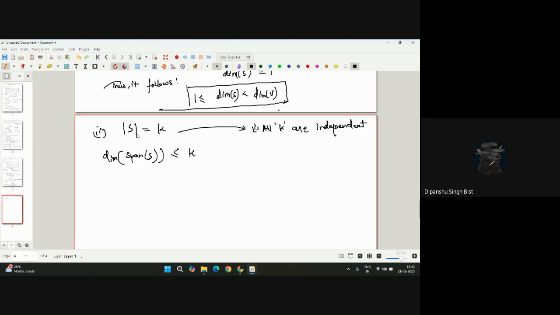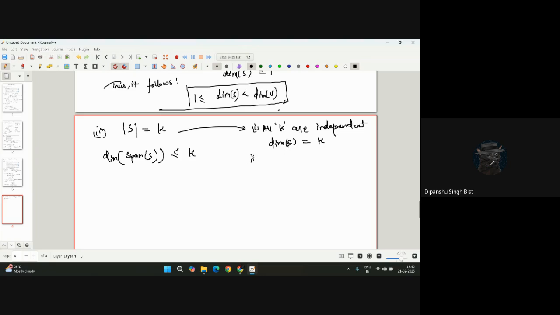If I take any spanning set and take only the vectors which are independent, that would give me the basis. Then I can count the number of vectors in that basis, and that will give me the dimension. So basically, dimension is the number of independent vectors in any given set. So if all k are independent, I will get dimension of S equal to k.